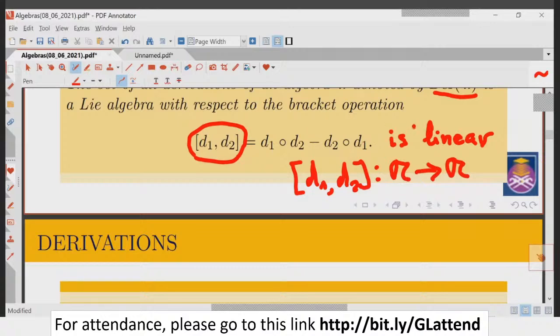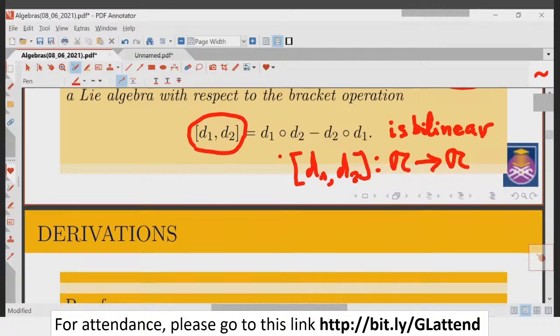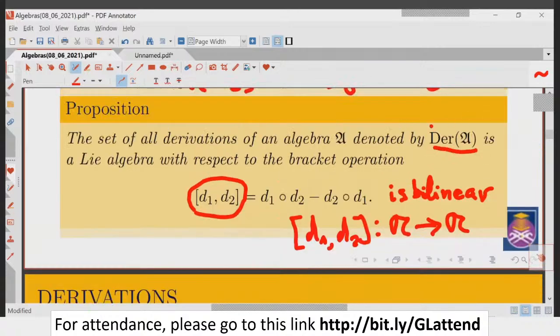In algebra A it is a linear function, but with respect to D1, D2 it is a bilinear function, in Der A. So that is a vector space, and this bilinear operation is given.